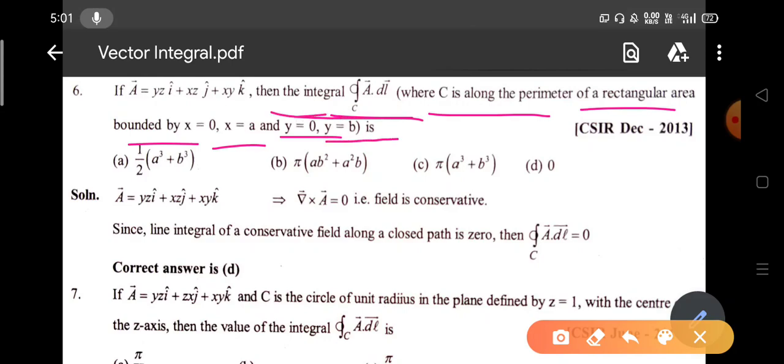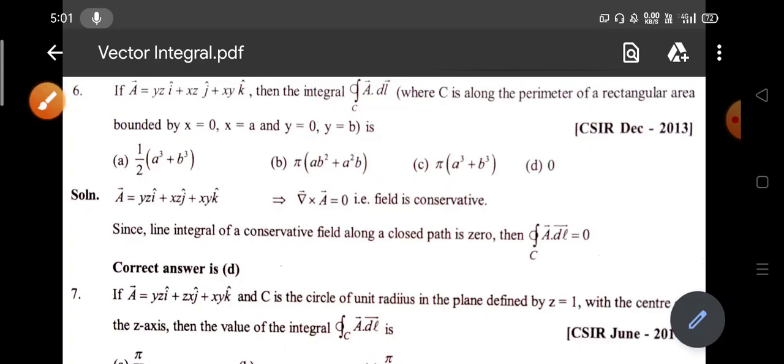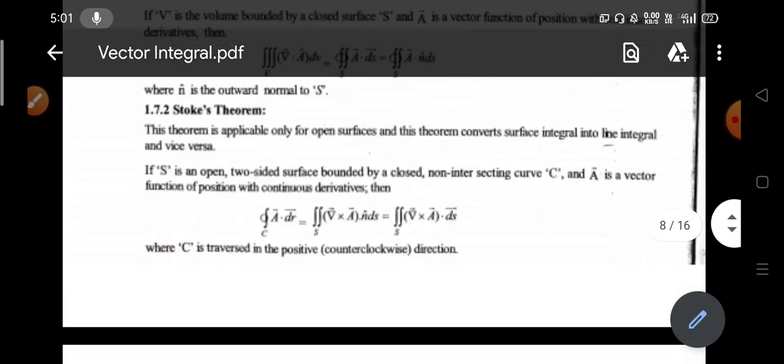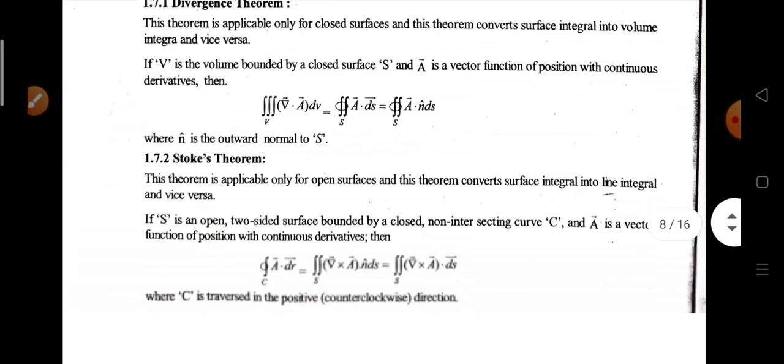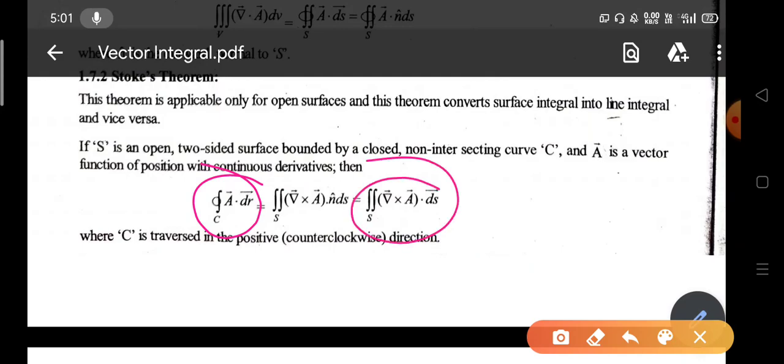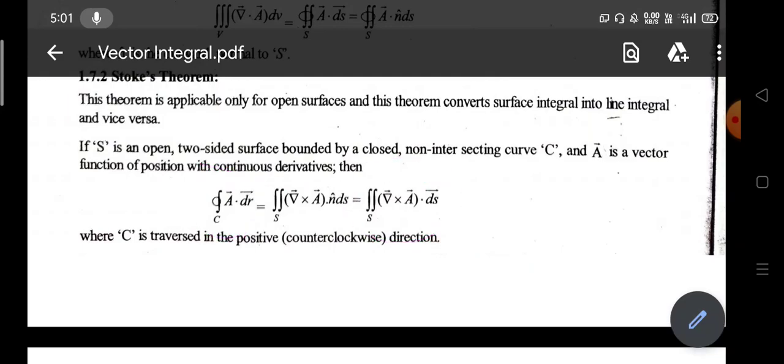You don't have to compute the line integral directly, because you will apply the Stokes theorem. Look at the Stokes theorem first, just to remind you: the closed integral of A dot dr is equal to the surface integral of curl of A dot ds.